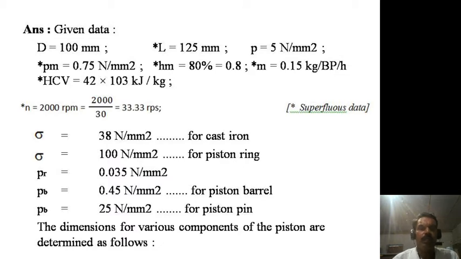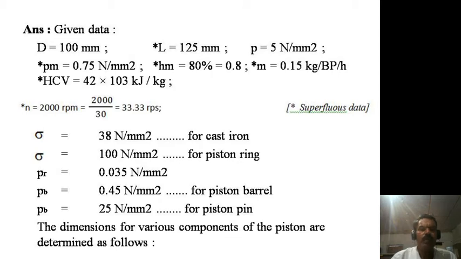So the given data: D is equal to 100 mm, that is the diameter of the piston. Stroke length is equal to 125 mm. P is equal to 5 Newton per mm square. Mean effective pressure, P suffix P, is 0.75 Newton per mm square. Mechanical efficiency is 80%, that is 0.8. Mass m is equal to 0.15 kg per kilowatt hour.